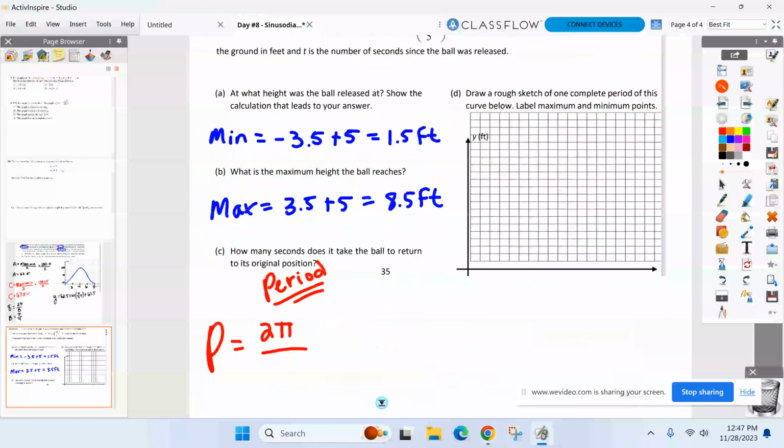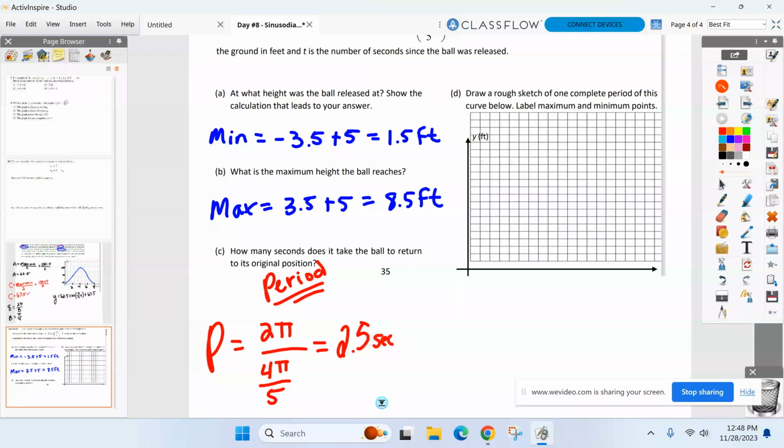Good, 4 pi over 5. So 2 pi divided by 4 pi over 5. That doesn't scare us. Now we're looking at 2.5. So as soon as it's released, it takes 2.5 seconds to come back down again.